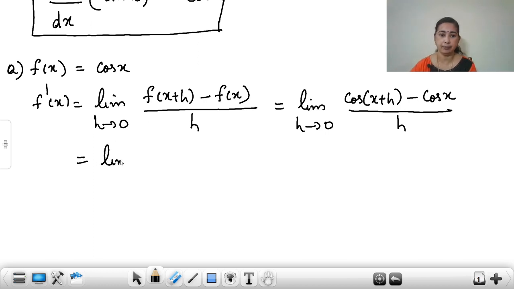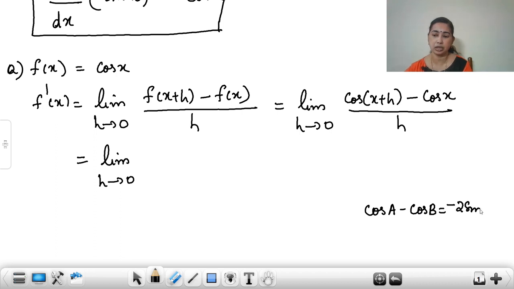So limit h tends to 0. So cos a minus cos b is equal to minus 2 sin a plus b by 2 into sin a minus b by 2.